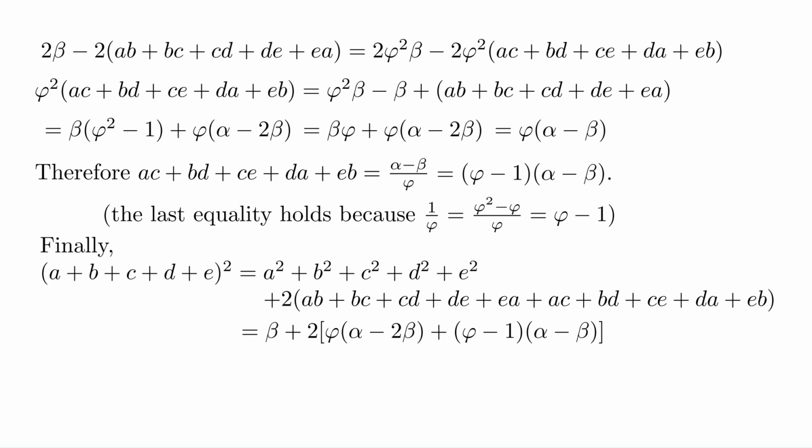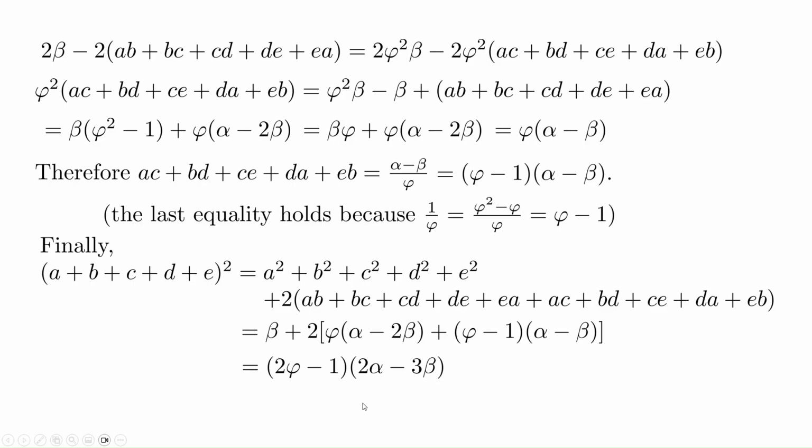The first piece is equal to phi times alpha minus 2 beta. Another piece, phi minus 1 times alpha minus beta. After a simple calculation, we get 2 phi minus 1 times 2 alpha minus beta.